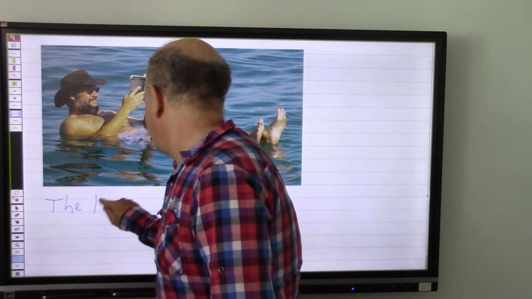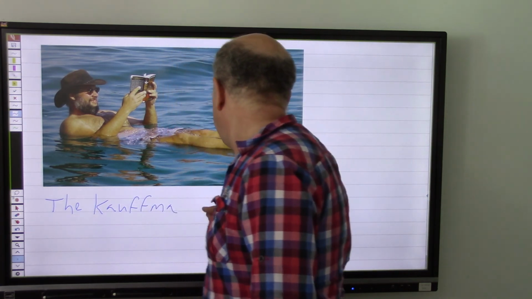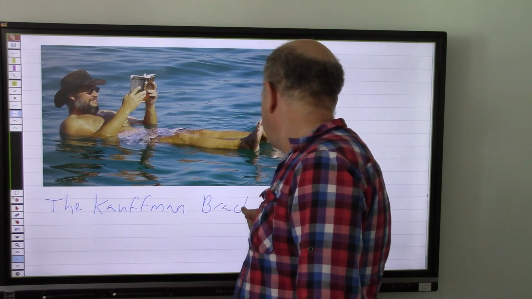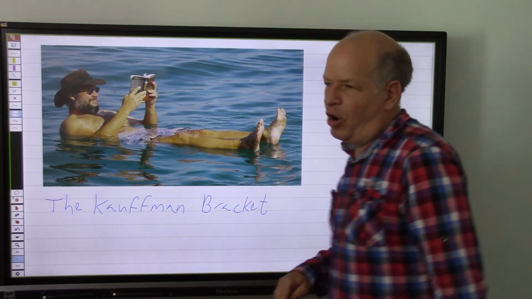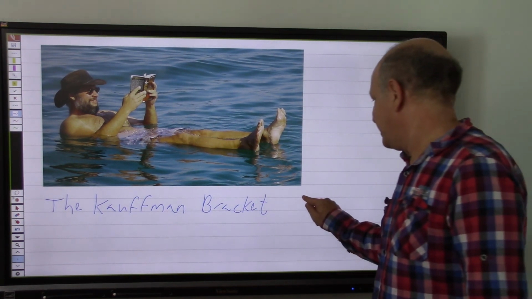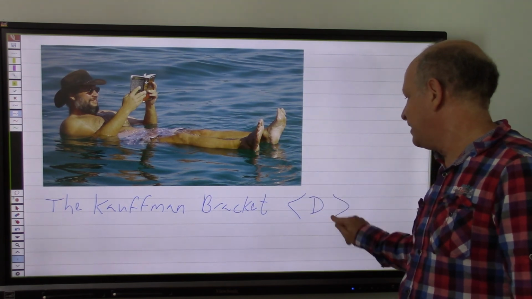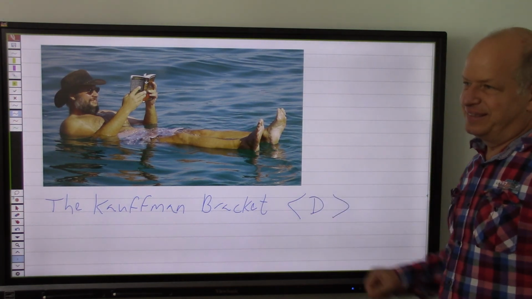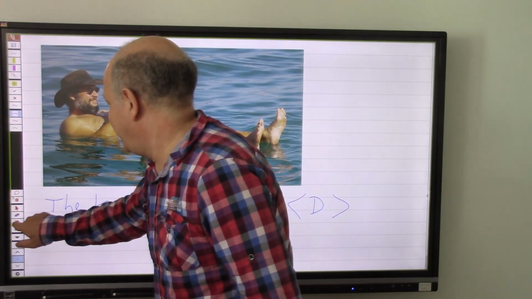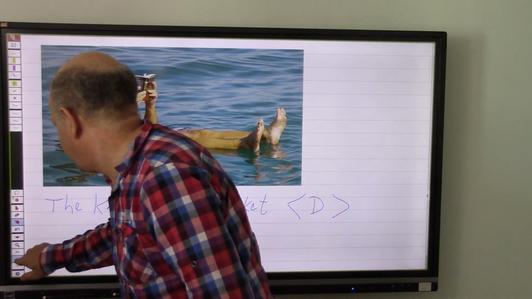So I want to tell you a little bit about the Kauffman bracket, and it's called the Kauffman bracket because it's an invariant of diagrams. You put a diagram inside a bracket, and that's just the notation for the invariant. I don't know, not a very imaginative choice of names.